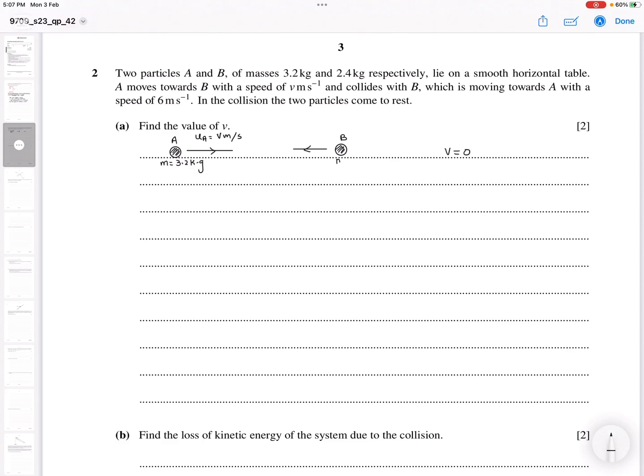The mass of B is 2.4 kg and the initial velocity of B is given as minus 6 meter per second, because I have taken the direction of A as positive, so definitely the direction of B must be negative. Now we use the formula conservation of linear momentum.